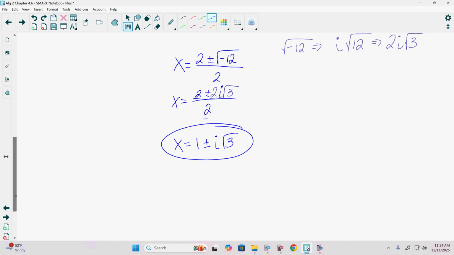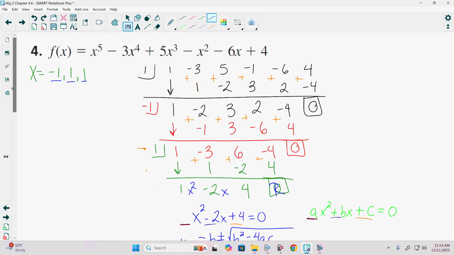Questions on this here? So the solutions for this are -1, 1, and 1 plus or minus i square root of 3. Questions on this here? Questions on anything we've done so far?